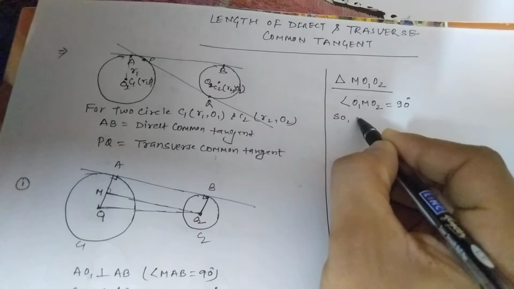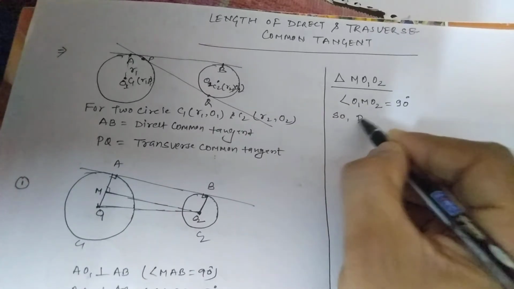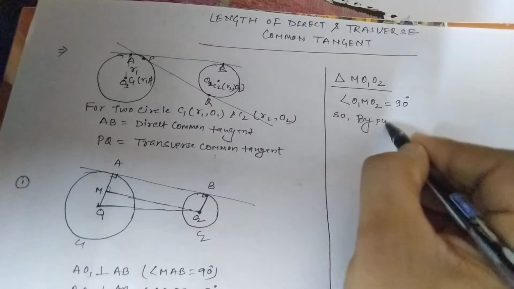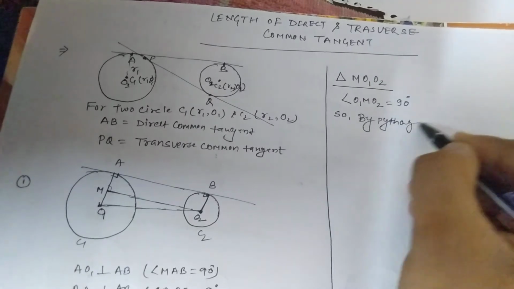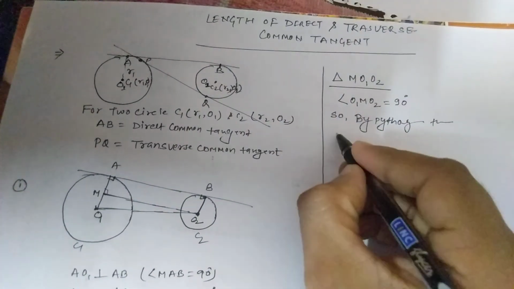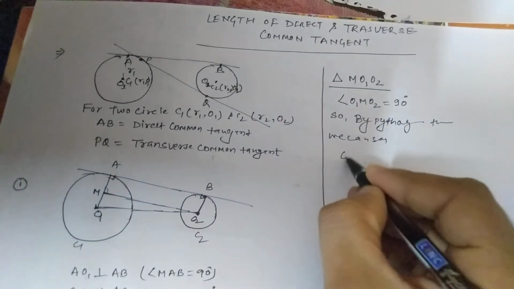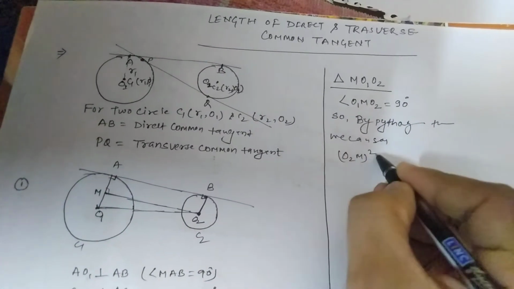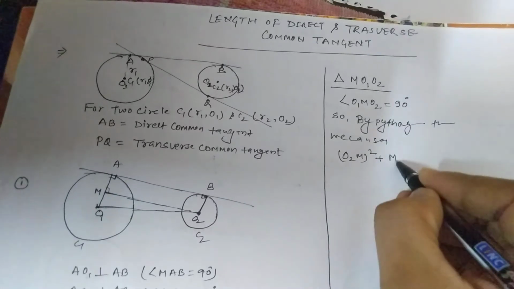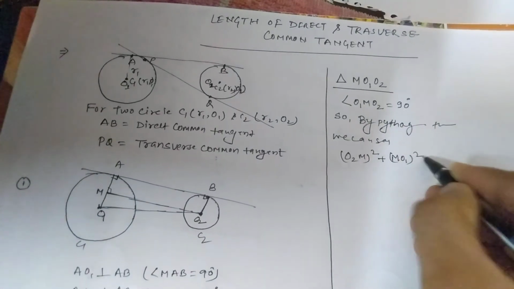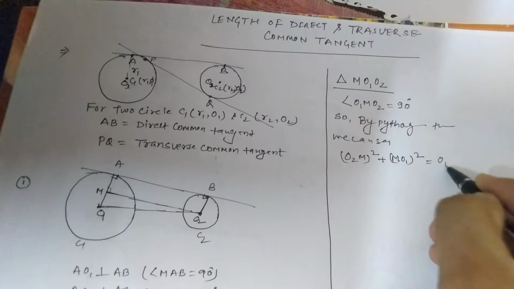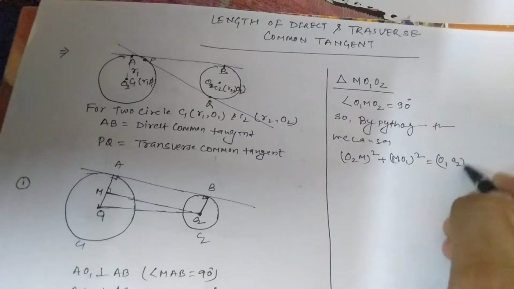So by Pythagoras theorem we can say O2M square plus MO1 square is equal to O1O2 square.